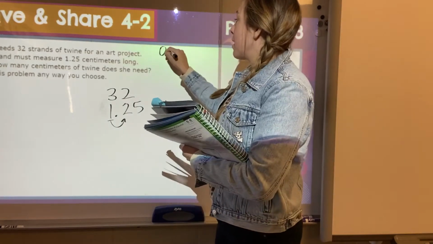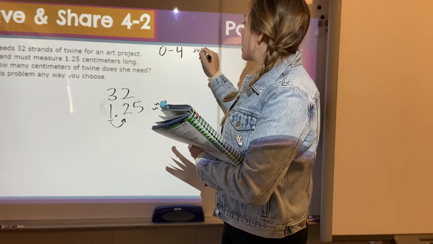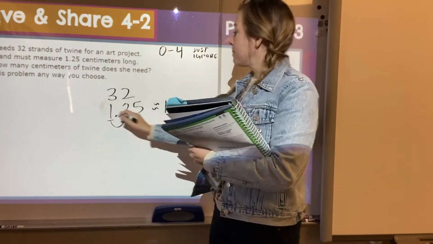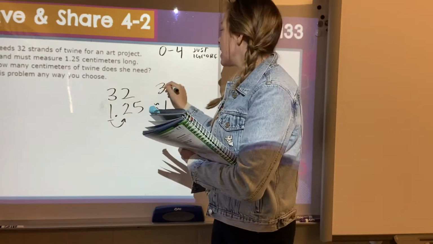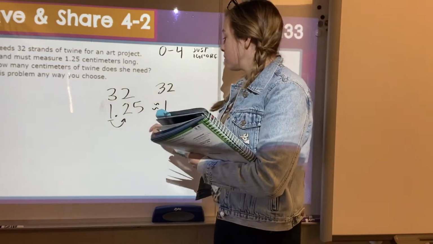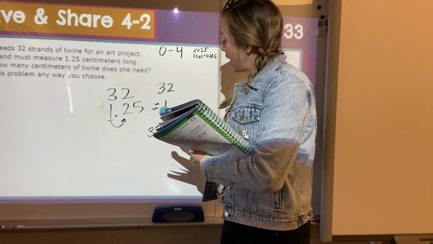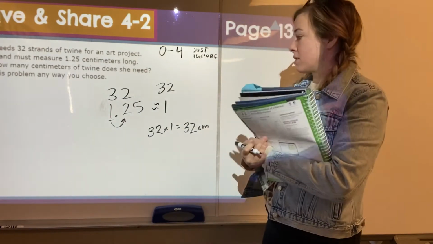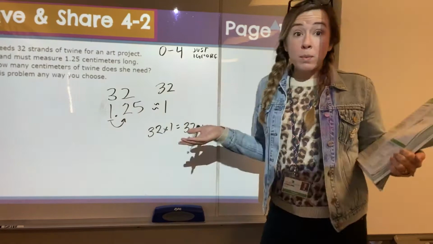If you think about our rule, 0 through 4, just ignore, then my 1 is just going to stay the same. And then I could leave 32 as is, do 32 times 1, and she would need about 32 centimeters of twine. That's one way that you could have done it.